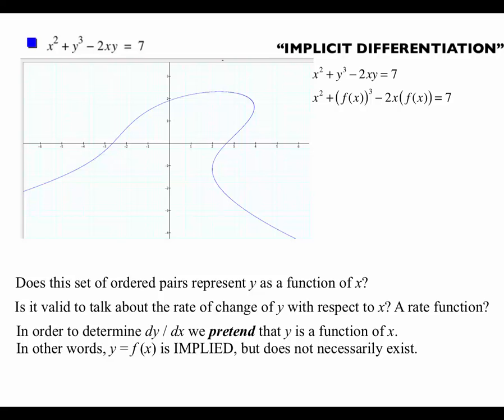Then it's not just y equals x's anymore, so what we need to do is take the derivative of both sides with respect to x. So we have the derivative of the whole left side equals the derivative with respect to x of 7. And now we've got all the rules. We're masters or near masters of derivative rules, and we're just going to apply them.